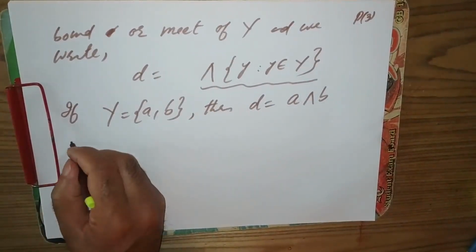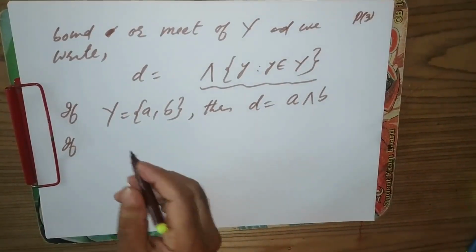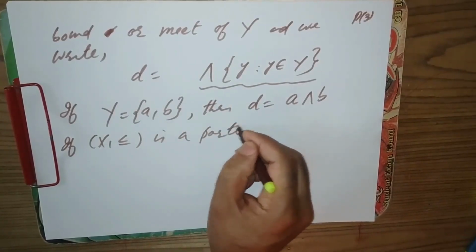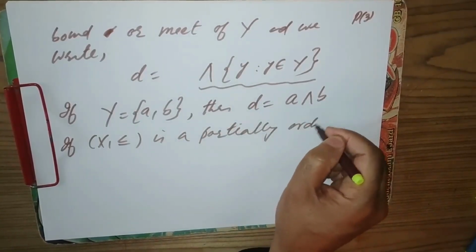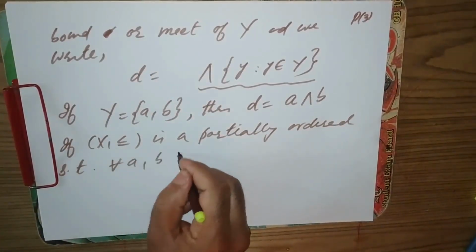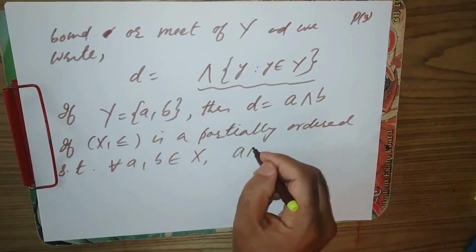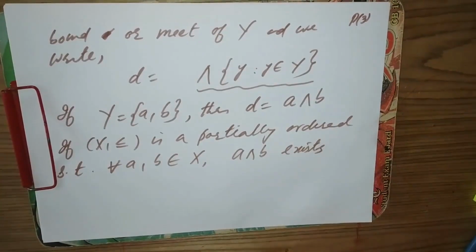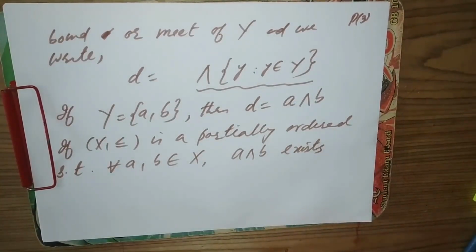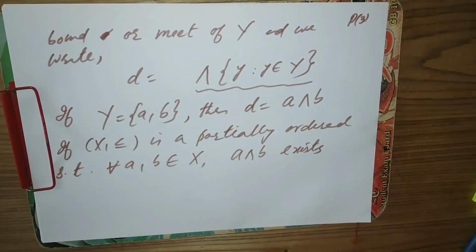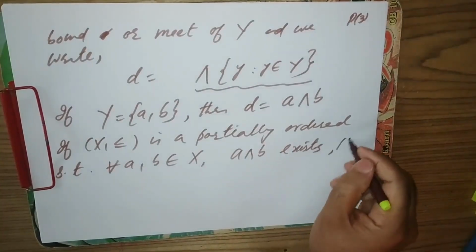Now if (X, less than or equal to) is a partially ordered set such that for all a, b belonging to X, a meet b exists, meaning the greatest lower bound of any two-element subset Y of X exists, then we say that the partially ordered set is a lower semilattice.